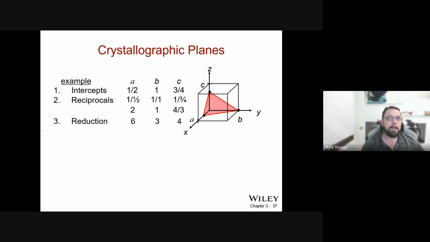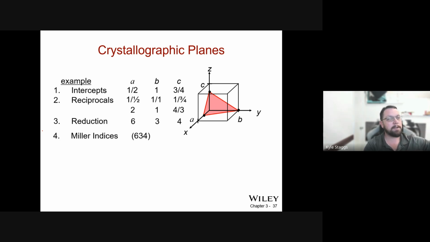Then we multiply to get rid of the fractions. Our least common multiple there is 3, and so we get 6, 3, 4 as our reduction. Therefore the Miller indices are 6, 3, 4 for that particular crystallographic plane.